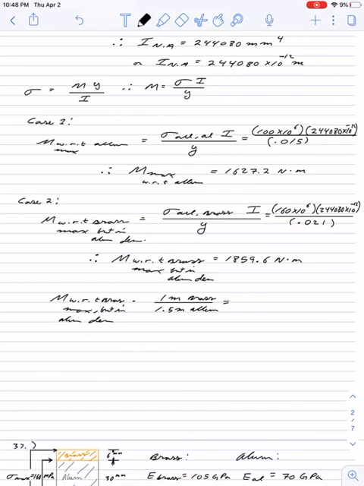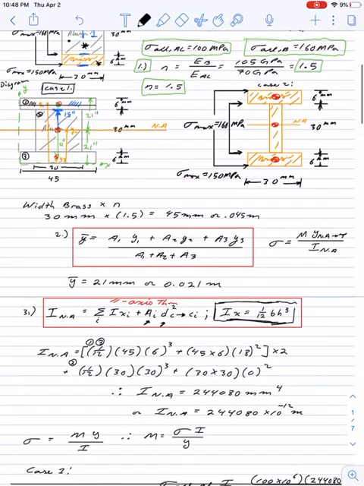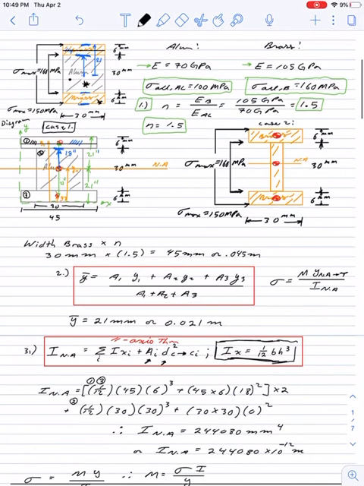That makes sense, right? Because it's 1800 newtons per meter, but not in brass.